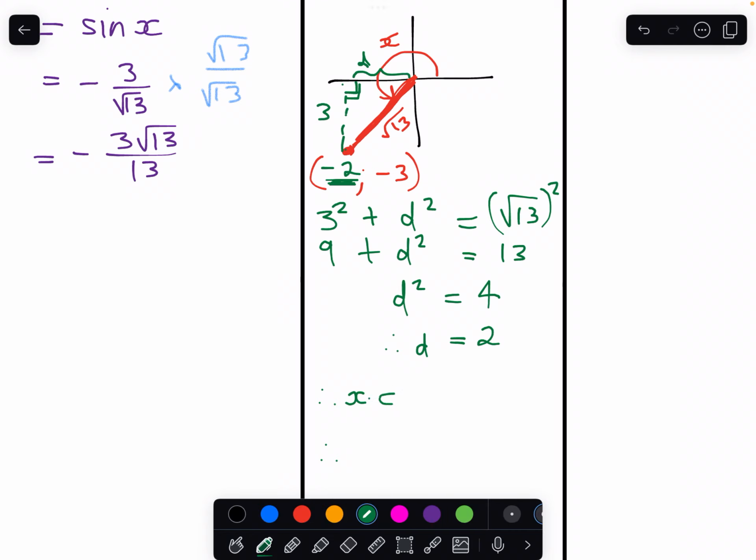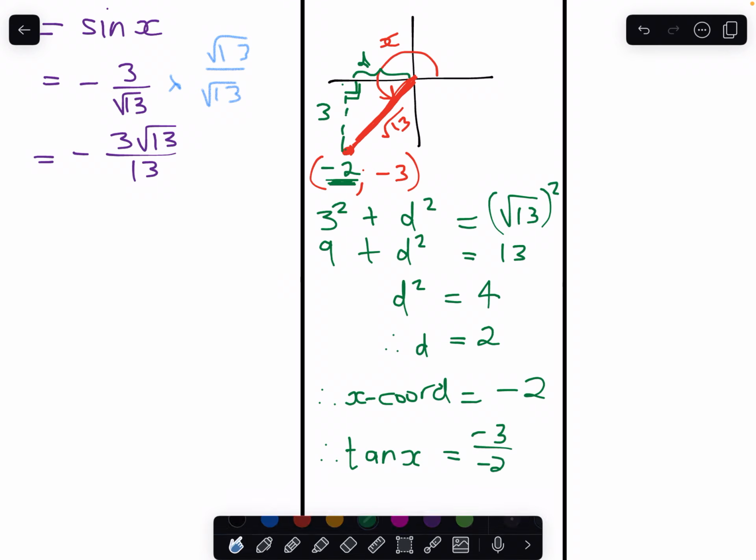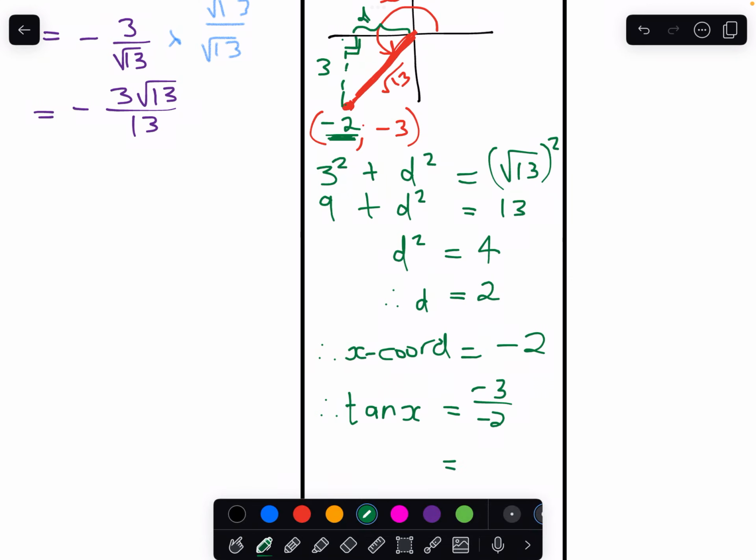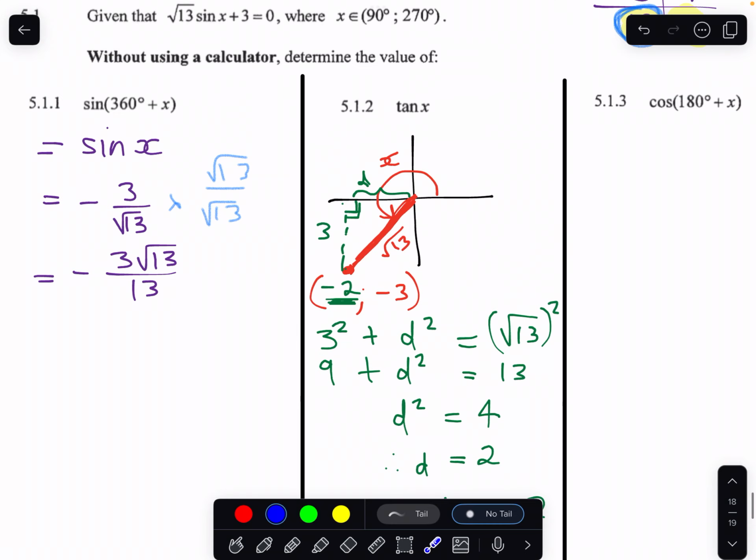So the x coordinate of our little point, our nameless point, will be negative 2. Anyway, okay, so tan of x will be equal to the y coordinate over the x coordinate, so that'll be negative 3 over negative 2, which is just equal to positive 3 over 2, which we expect according to CAST, right? Tan is positive here, so it makes sense that we're getting a positive answer, right?